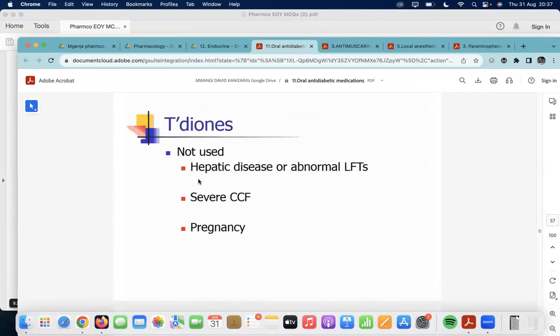And also, they're not used in hepatic disease or abnormal LFTs. Also, they're not used in pregnancy. So they are contraindicated in those 3 things: severe congestive cardiac failure, hepatic disease or abnormal LFTs, and pregnancy. So when you have a problem with your heart, liver, or if you're pregnant, you cannot be given those oral antidiabetics, the thiazolidinediones.